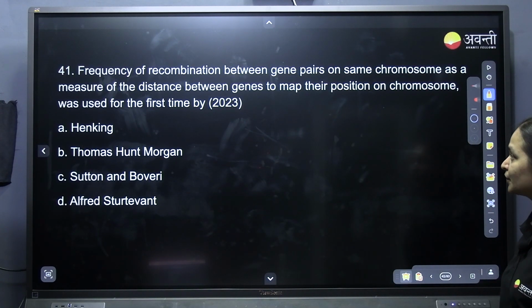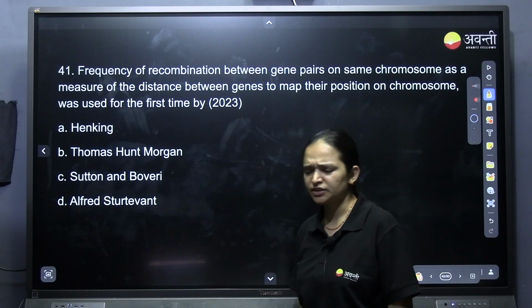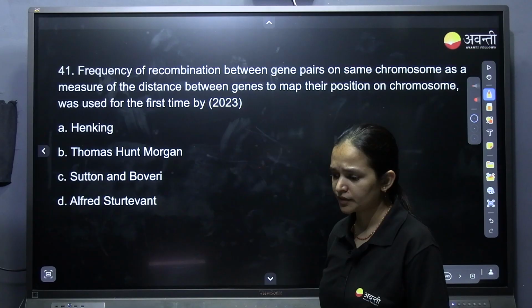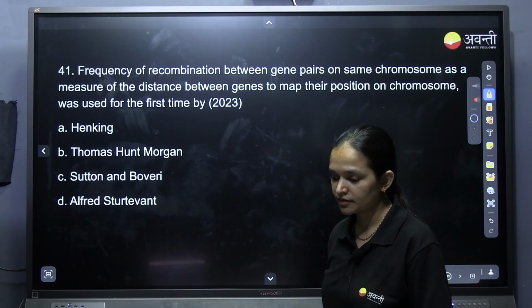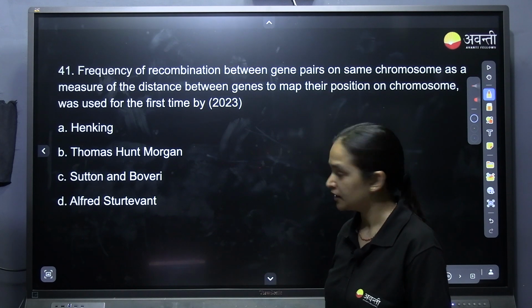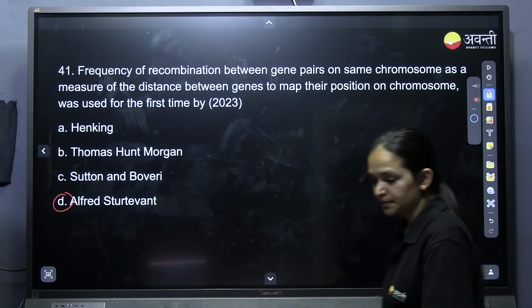Frequency of recombination between gene pairs on the same chromosome as a measure of distance between genes to map their position on the chromosome was used for the first time by, there are so many times this question has been repeated in previous years. B for Bombay? Or D for Delhi? It is Alfred Sturtevant.